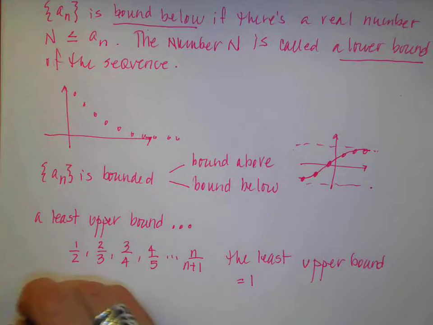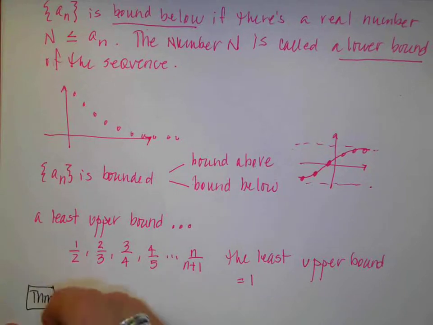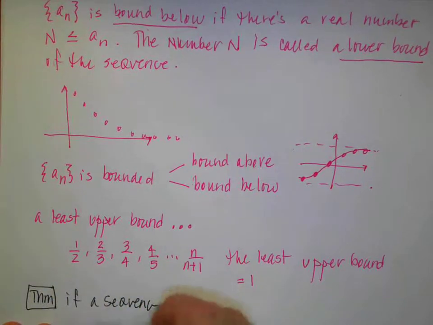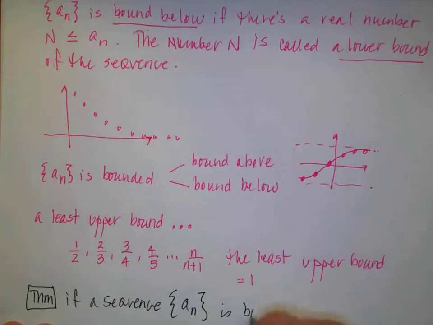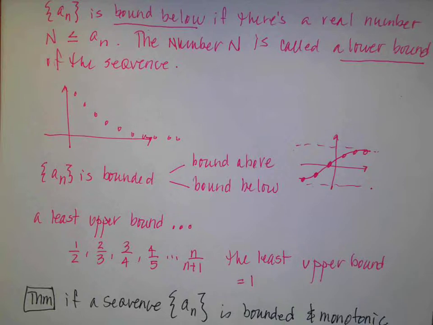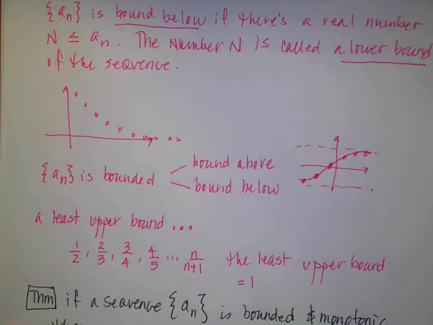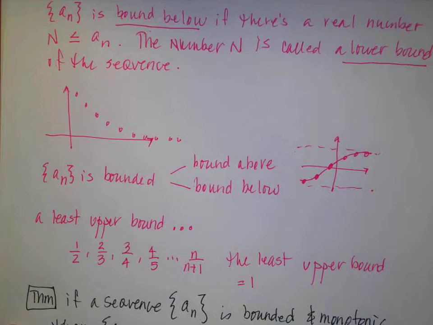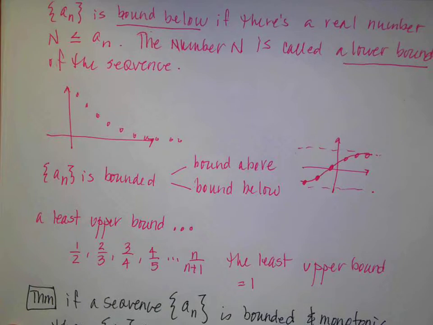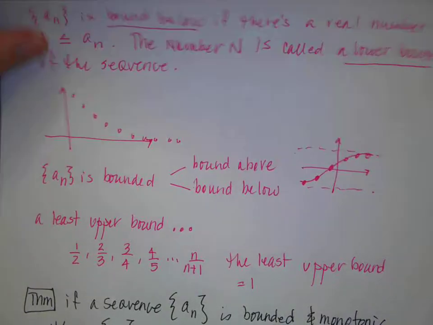Alrighty. Then we're going to get, just to kind of go along with this, a handy-dandy little theorem. And it's going to say if a sequence, and we're going to call our sequence a sub n, is bounded, remember that means above and below, and monotonic, then we know that a sub n converges.